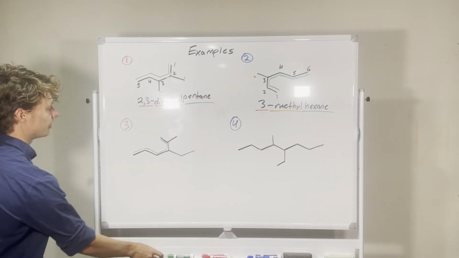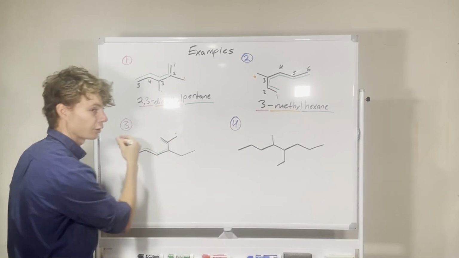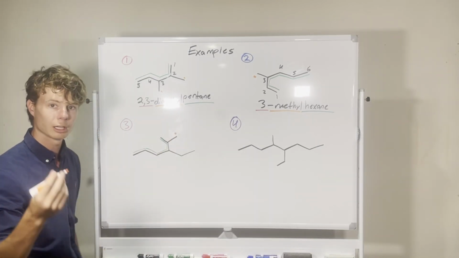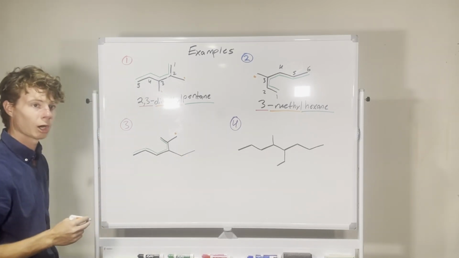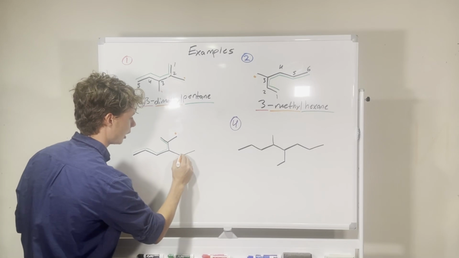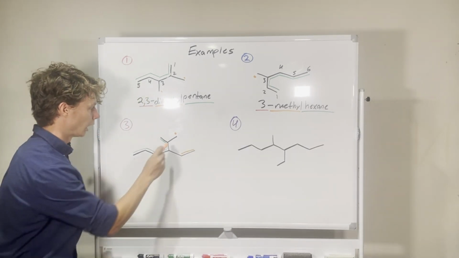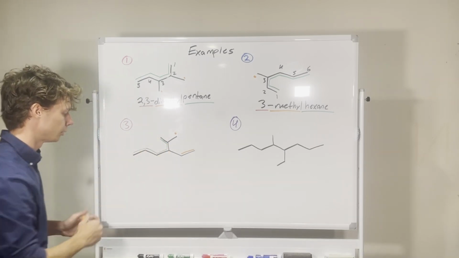Next up is identifying those substituents. I have a 1 carbon, so everything that's not in green. A 1 carbon substituent here we would call a methyl group. And down here a 2 carbon chain, which we would call an ethyl group. So I have a methyl group and an ethyl group on my carbon chain.